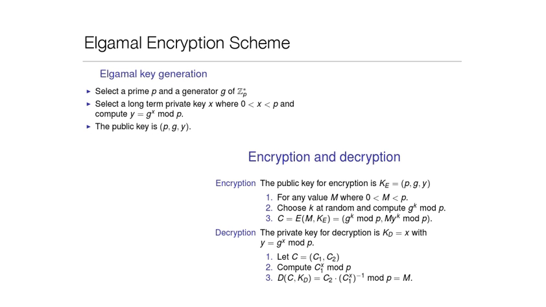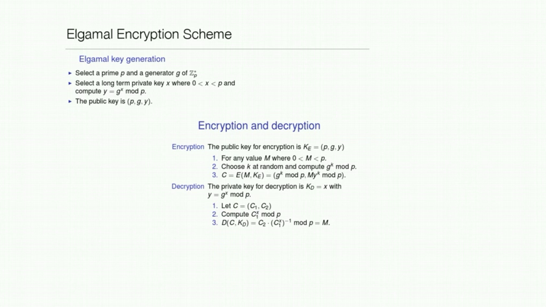So this slide is not clear for me, just give me a few seconds. And then compute C2 times the inverse of C1 to the power X mod P. That will be the plain message, the decryption. So this is how Elgamal encryption works, which is based on the discrete logarithm problem.